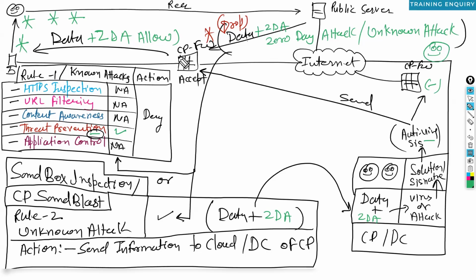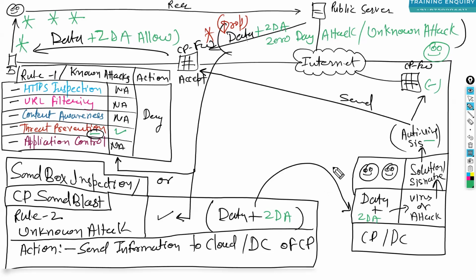So what we are doing with the help of Check Point SandBlast is enabling sandbox inspection. And in sandbox inspection, we are configuring the firewall in such a way that it sends unknown attack information to the cloud or data center so that they can check it, generate a solution, and that solution can be sent to us or to all Check Point customers.